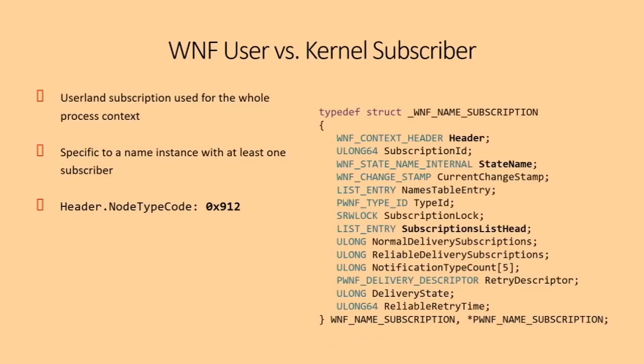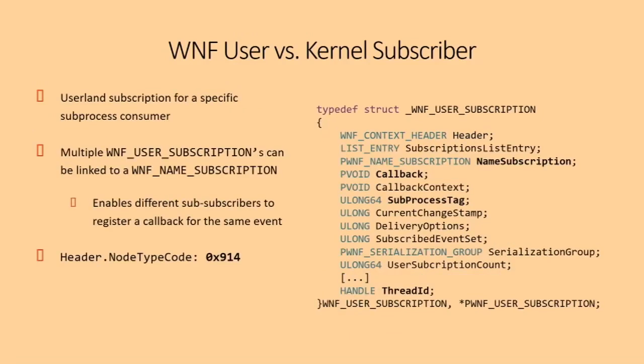And basically, if you have a sub-consumer that wants to subscribe to an event, you will create a WNF name subscription. This structure is unique for a state name in the process context.